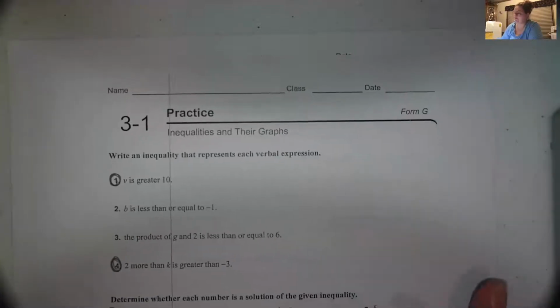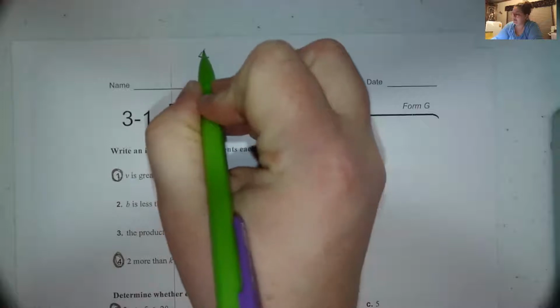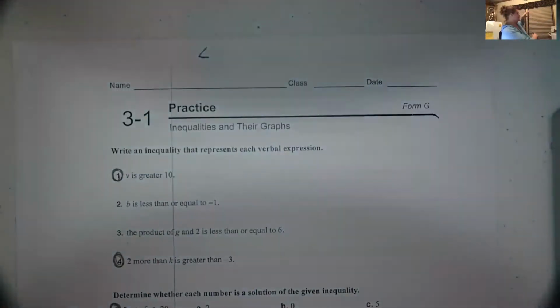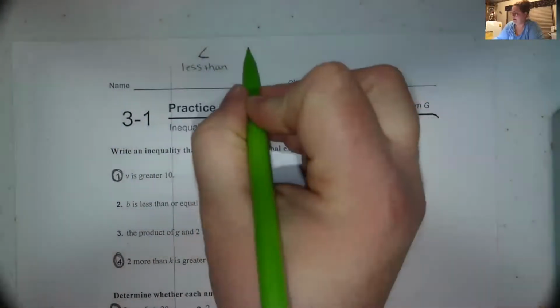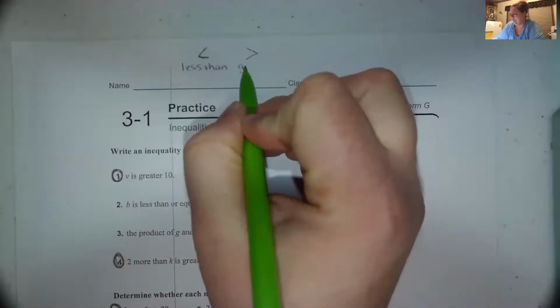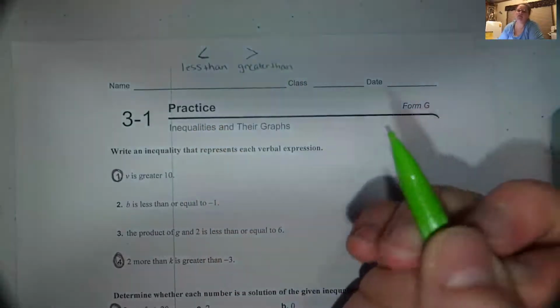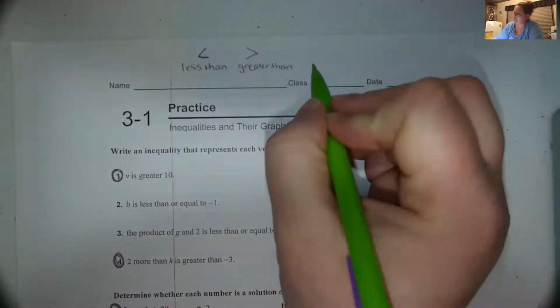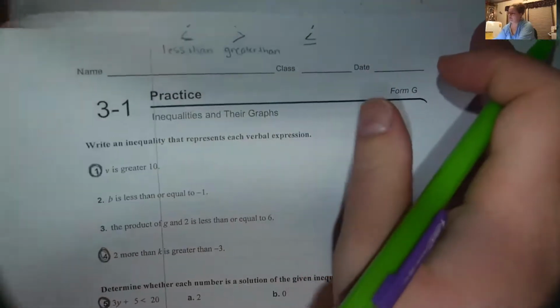Okay, so here's what we're going to do. We are talking about inequalities. Remember, less than, I always tell everyone, is your left hand. This is the less than sign. If it's the other way, that's greater than. Now, if you have less than and greater than, you also have less than or equal to, which is the next symbol.